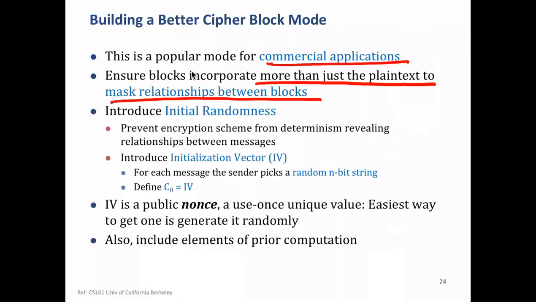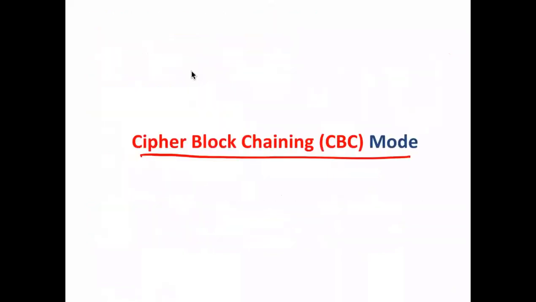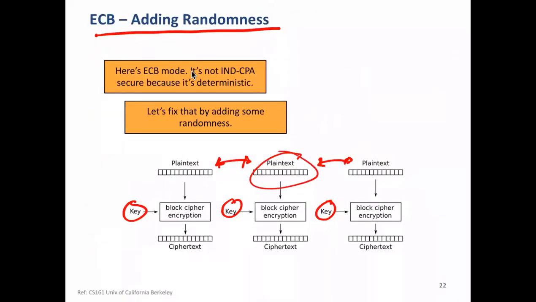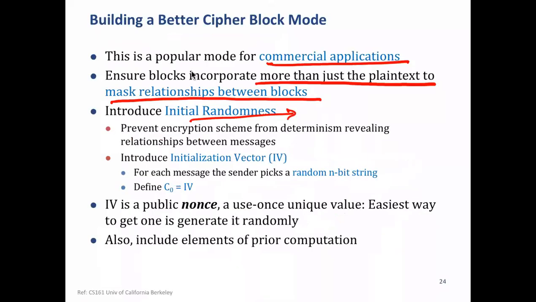So now we have to introduce some randomness in that input. You cannot change the message itself, as it is part of what you are encrypting, so you have to think of some other way. What we use is something called an initialization vector.